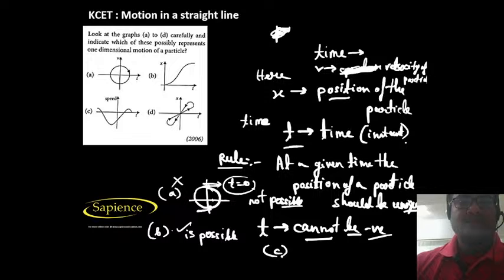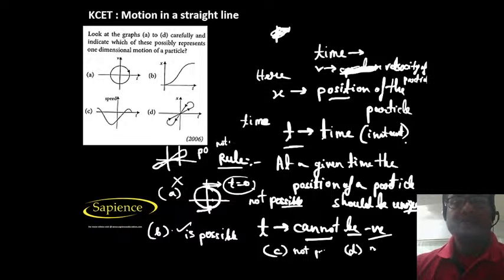So option C is not possible. In option D, time is negative also, and at some instant it can have more than two positions x. So that is also not possible. So only option B is the correct answer.